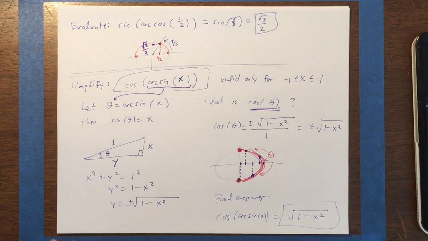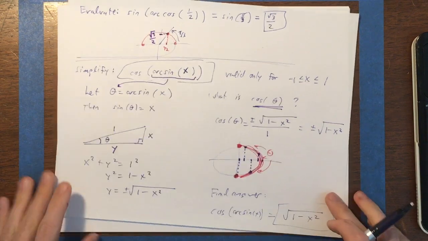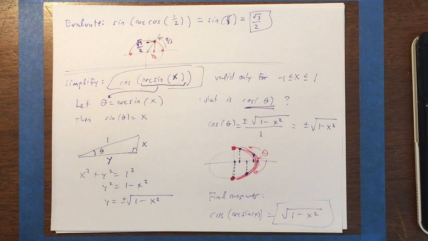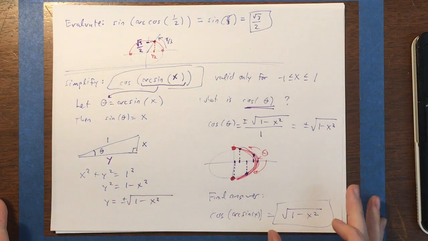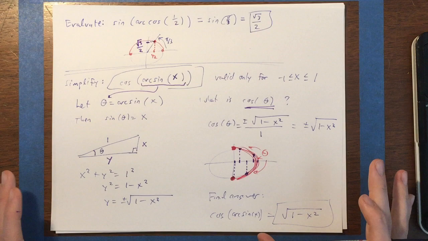And we did it. This is called simplifying, right? Normally simplifying uses things like factoring, canceling, and combining like terms. Simplifying compositions of trig functions, though, is a whole different ballgame.